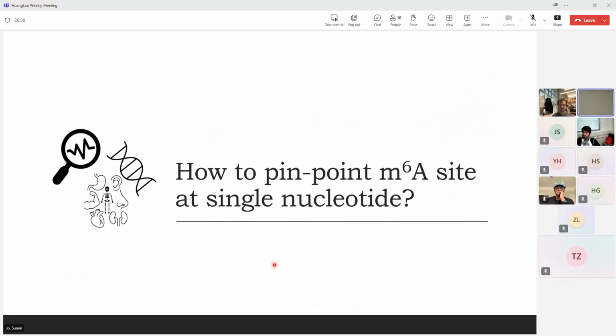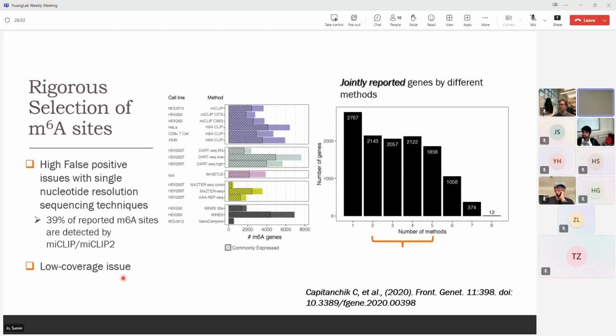So the next question is: now we collected all the normal human tissue MeRIP-seq data, predicted the M6A peaks, and successfully saw that they share context-independent M6A peaks, but we still don't know where exactly the M6A sites are. So we try to utilize single base M6A detection data.